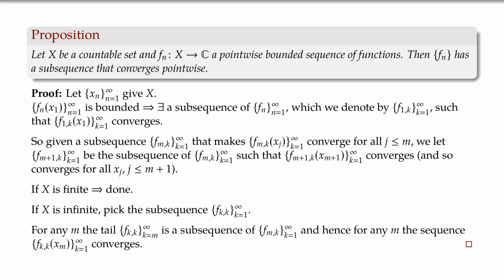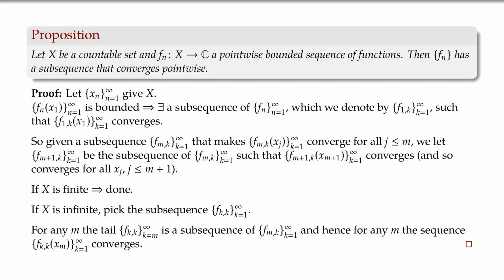If you look at the tail of this sequence, the mth tail is really a subsequence of the mth subsequence, because once you go to the mth subsequence, we're really just taking subsequences of that.